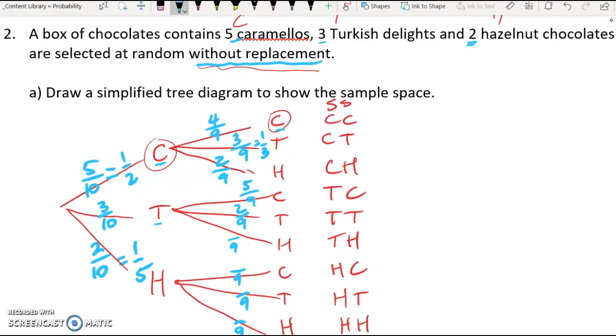And for the hazelnuts, well, there's still 2 left in there because you've picked a Turkish delight on the first one. Then the last step, you've gone, okay, hazelnut, there are still 5 caramellos left. There are still 3 Turkish delight left, giving a third there. And if you picked the hazelnut here already, there are only 2 in the pack to start with. There's only going to be 1 left in for the last one.